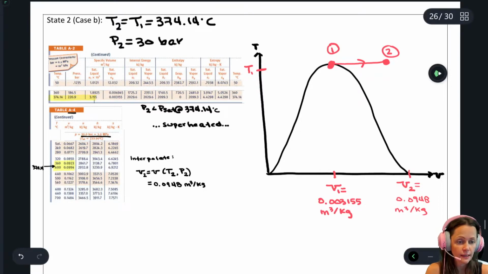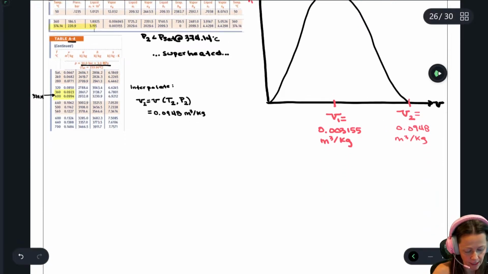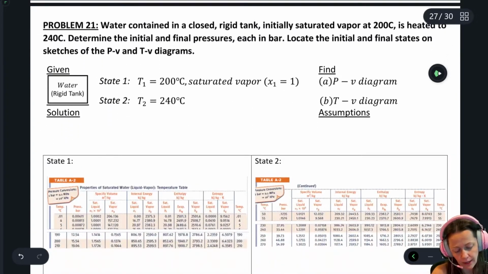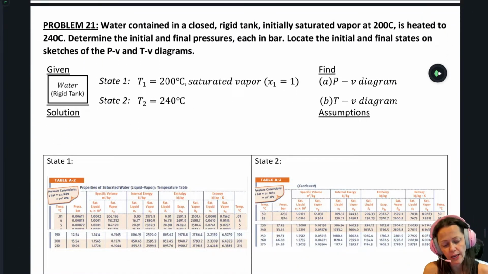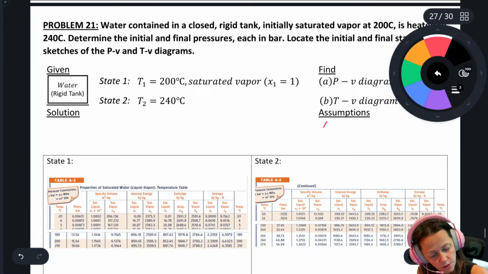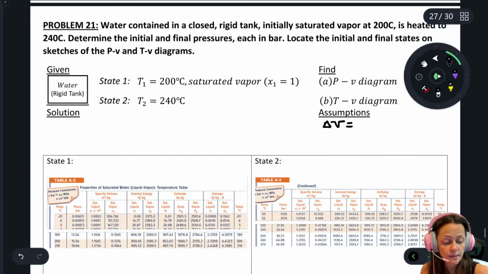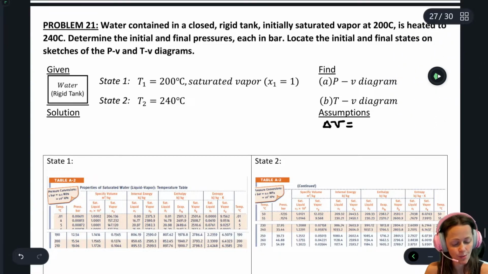And I believe we've got two more, so let's go ahead and plow through those as well. All right, so problem 21, we have a closed rigid tank. And remember what assumptions we make about a closed rigid tank. We say that our change in volume is zero, and since our mass is constant as well, our change in specific volume is 0.